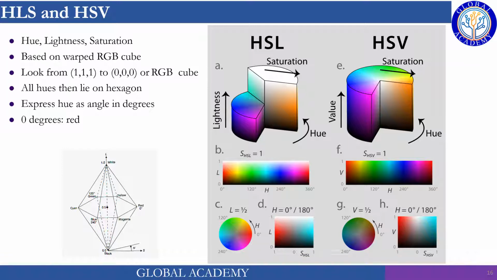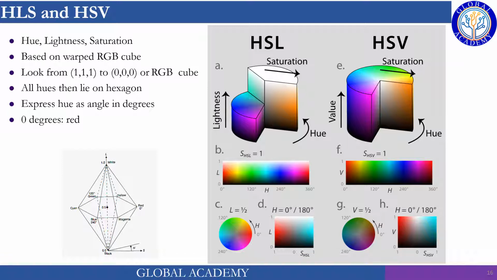So let's talk about HSL. Hue is along the angle with an initial position, and then saturation is in fact the distance from the origin, and lightness is the height.